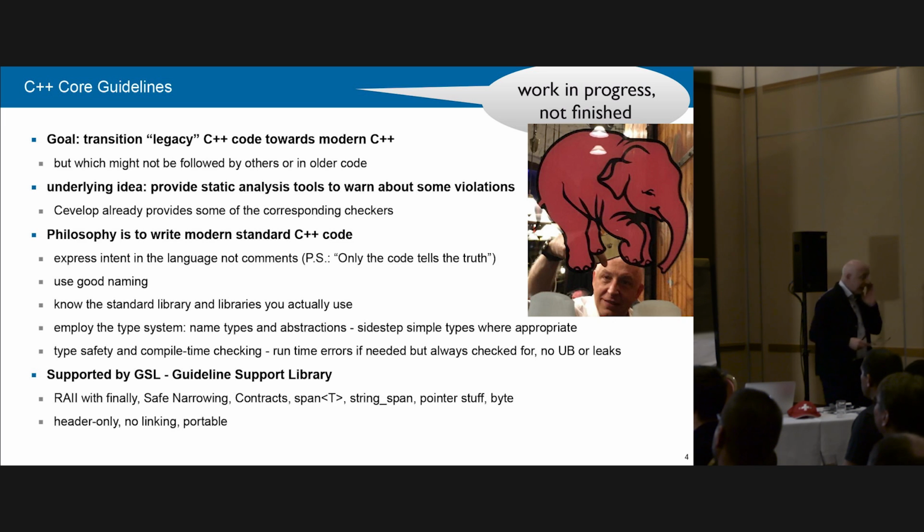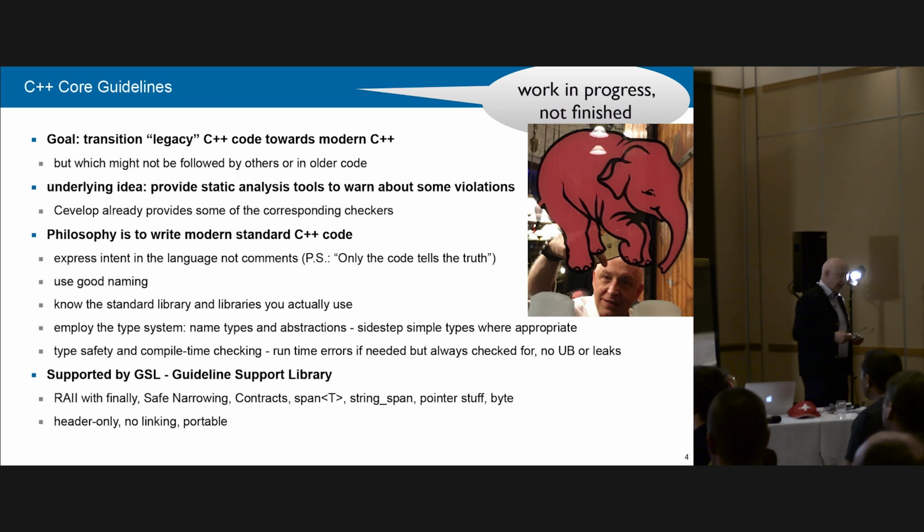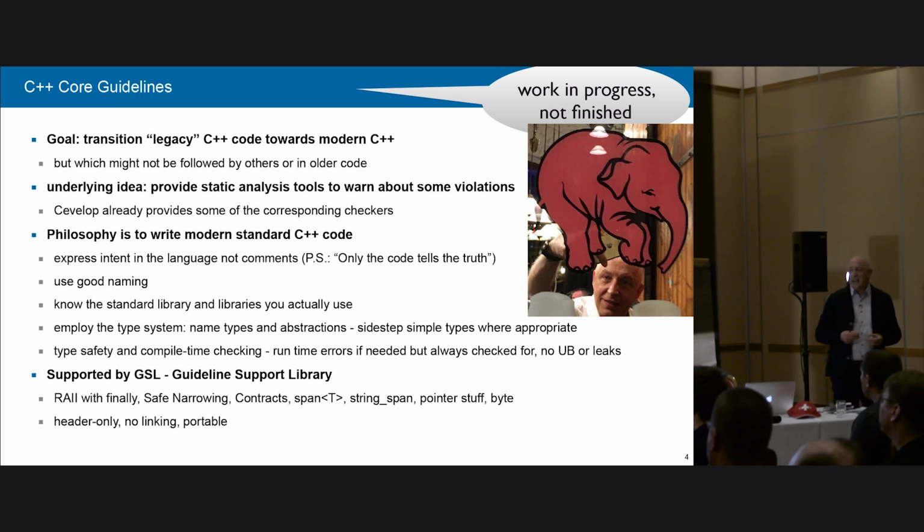And in some things the core guidelines are stepping beyond what's currently available in the standard, and to provide for the gaps in the standard or things that are not yet standardized, they also provide a guideline support library, which is open source, available across compilers, but at least requires C++11, but I believe maybe even 14 right now.